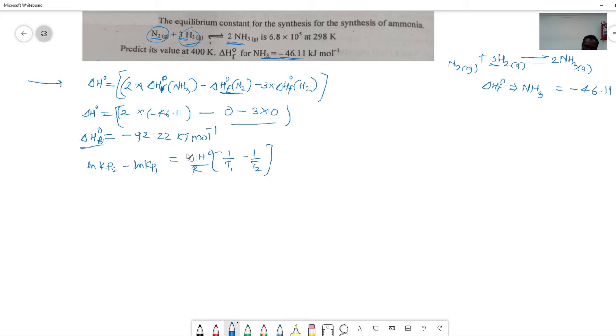Remember that we have removed the negative sign here. Now this equation can be rearranged. How can we write it?